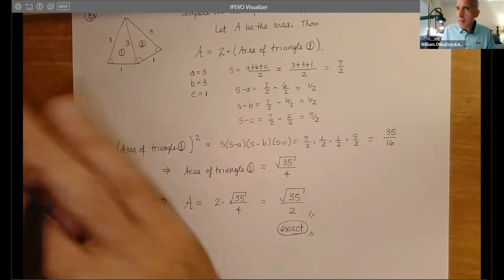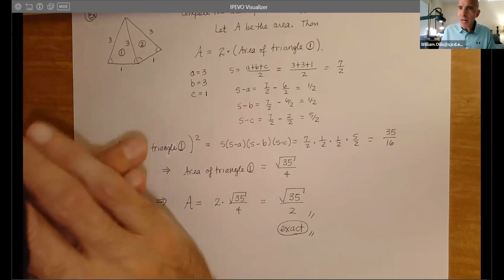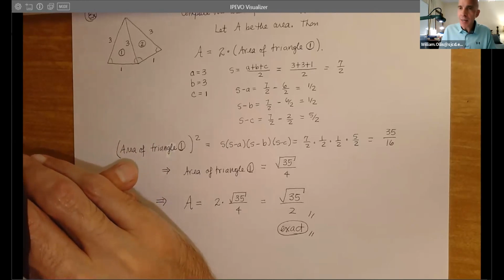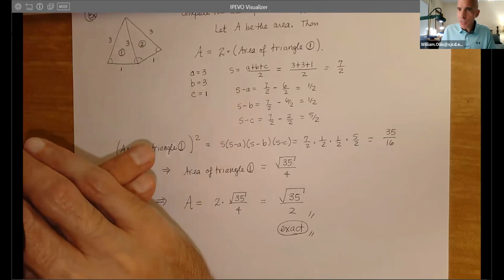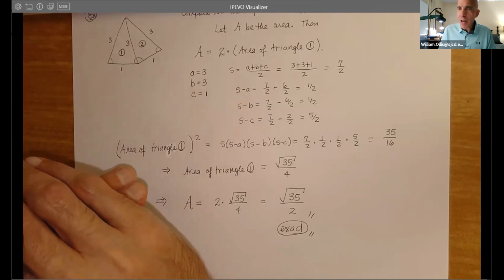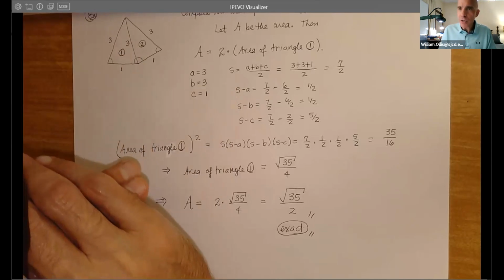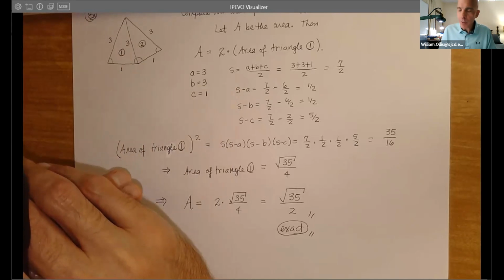Then you might say, okay, if I use Heron's formula, I may need to use the law of cosines, but then you want to write everything as exactly as you can and run out as many decimals as you can. You can see that if you truncate things too early, then you introduce lots of error into your calculation. So be careful with that.